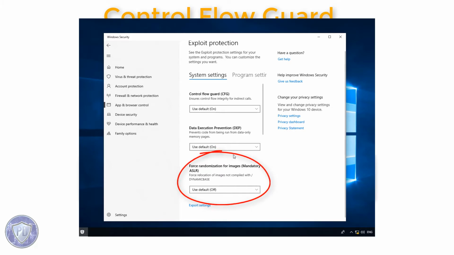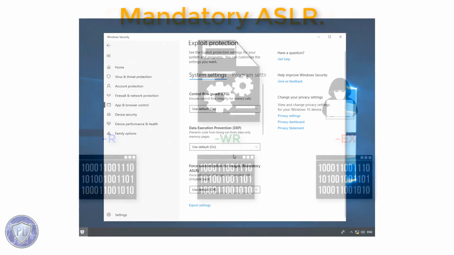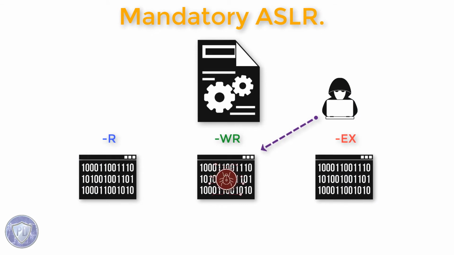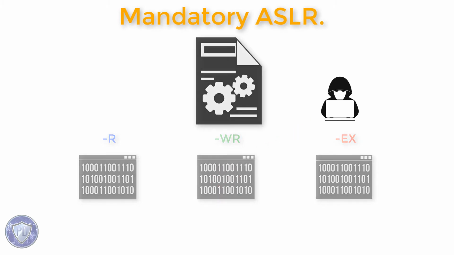Which hopefully, now that we have seen everything involved in the two previous ones, will be easier to understand. If you remember, we said that in order for a hacker to corrupt a process, it first needs to inject some code into the writable portion of that process. And now that we're getting more familiar with the terms, we can further develop the topic of the basic structure of a process.